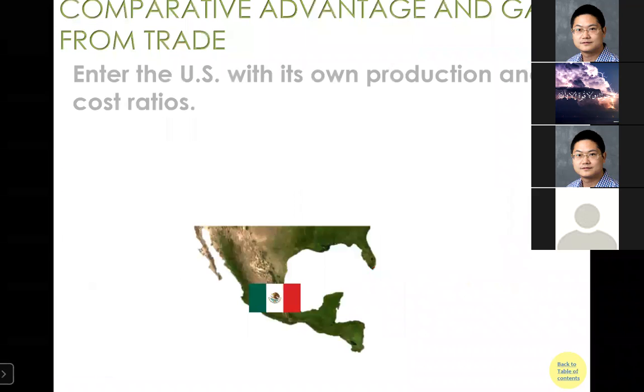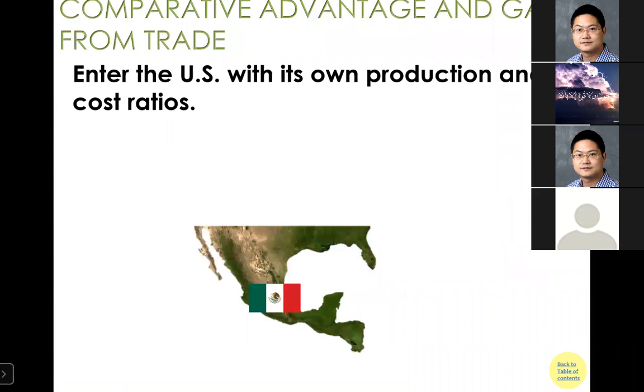Very good. Now we understand opportunity cost and the PPF, and we have finished the discussion regarding technology or the production possibility frontier in Mexico. Now we are going to look at another part of the world, the potential trading partner of Mexico.